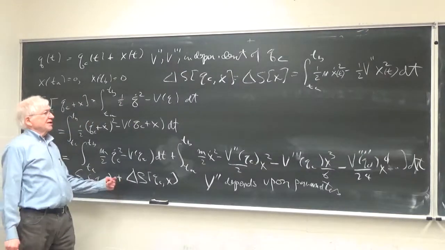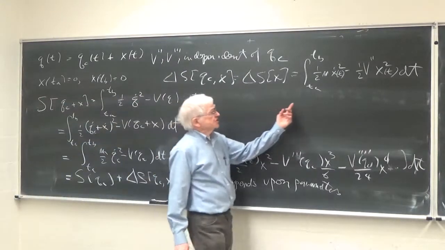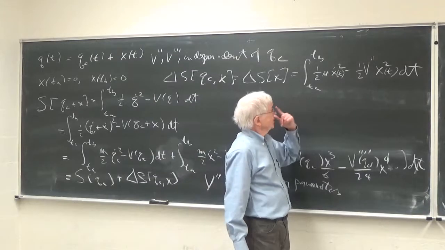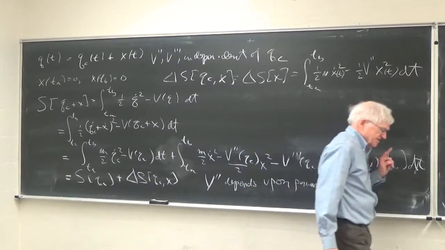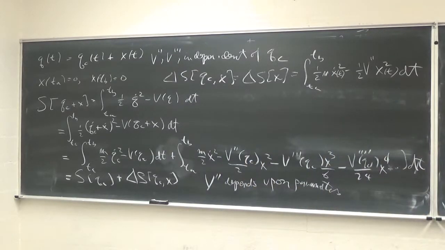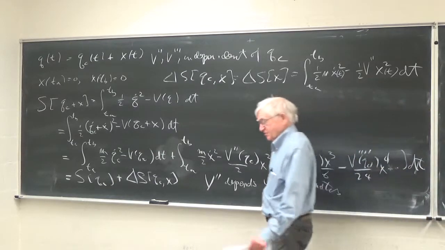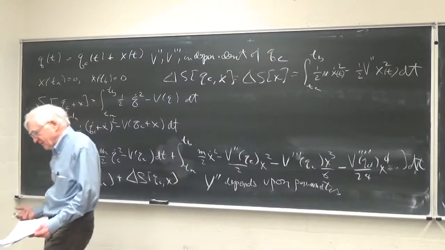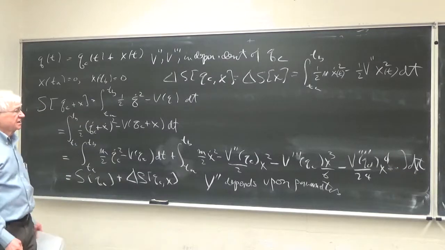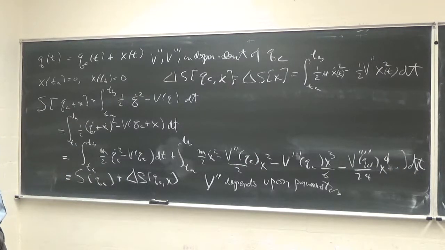So this extra term here is just a function of the detour, and the detour is a loop. It goes from 0 to 0 in the time interval, t_a to t_b. And V double prime depends upon the parameters of the Hamiltonian or the action or the Lagrangian, but it's independent of the classical path.